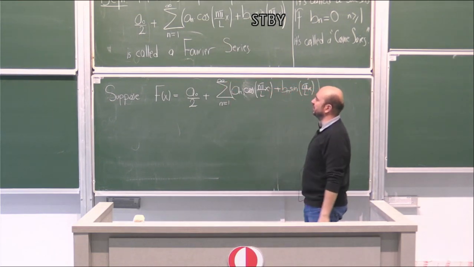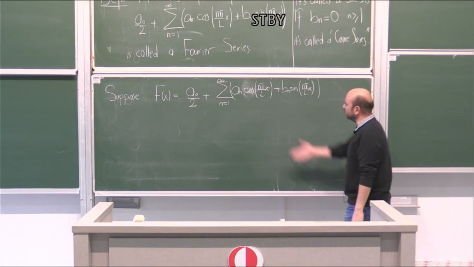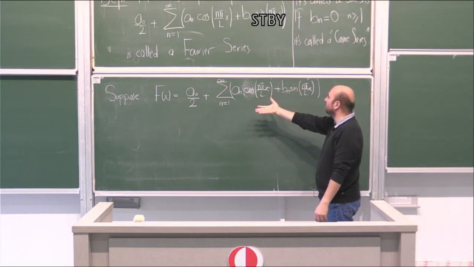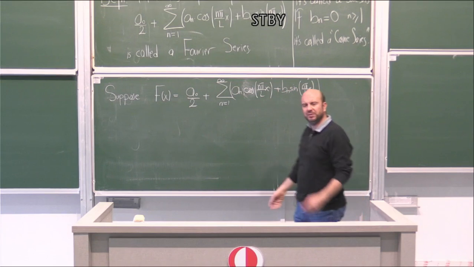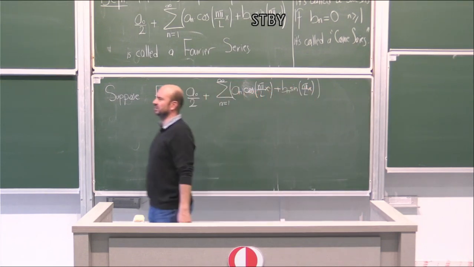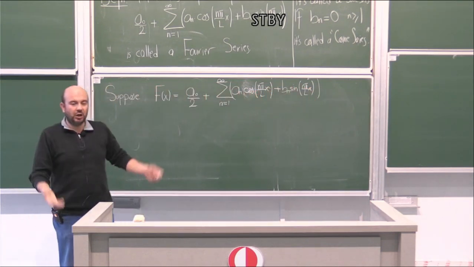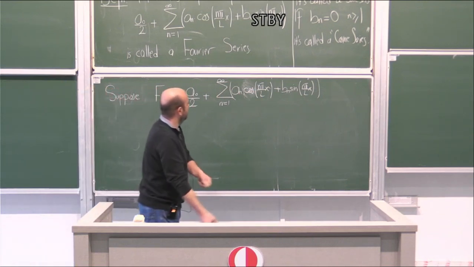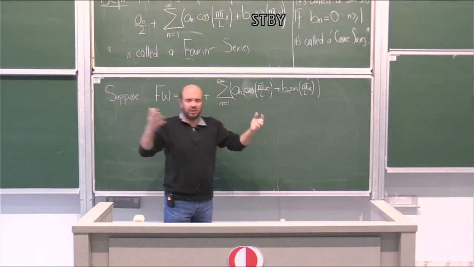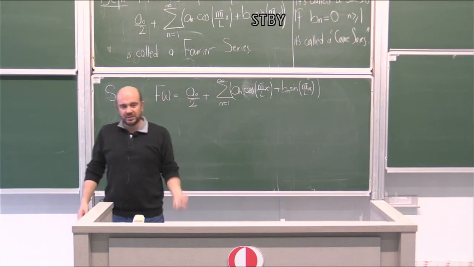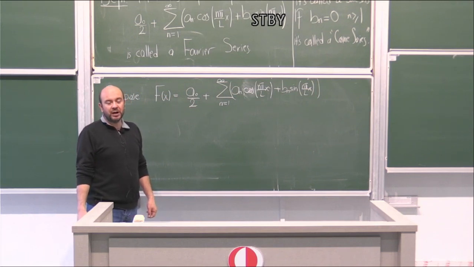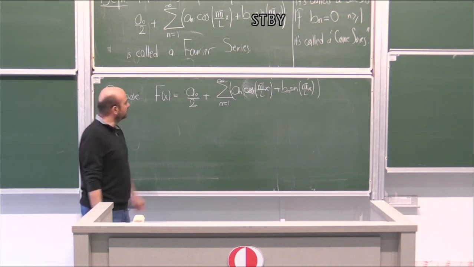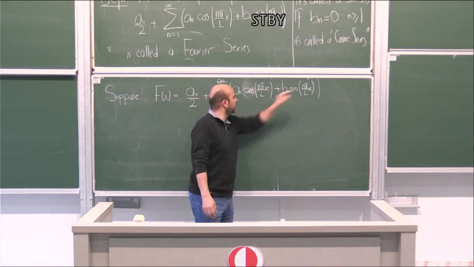What is the first thing you can say? If you look at this equality, and if you look at this right-hand side, I see cosines and sines. What is the first thing you say about these functions? They are bounded. Oh, okay, great. But yes, they are bounded, but their coefficients may be large. The second thing maybe we know about these functions is these are periodic functions. So all of them are periodic functions.